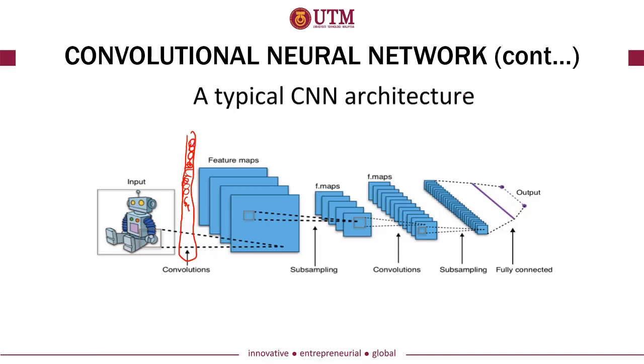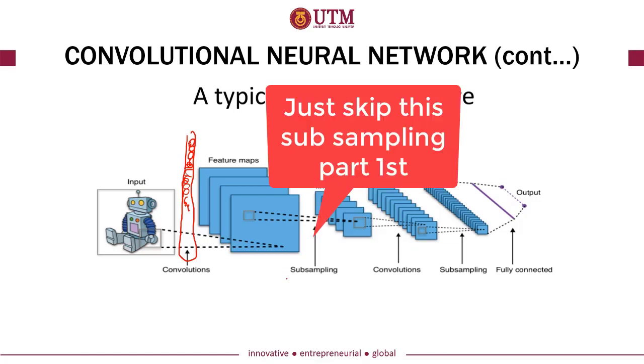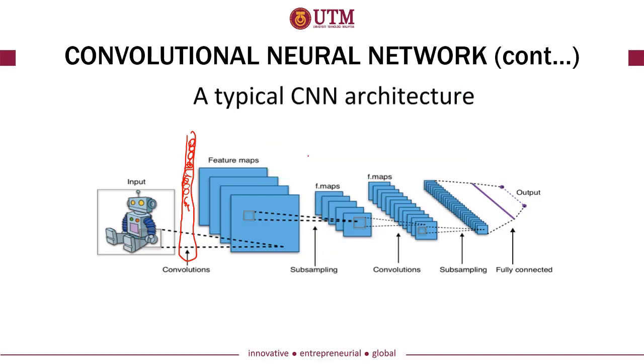And then again, for example this one, let's skip the subsampling. The subsampling still doesn't have any neurons there. Normally it happens at the convolution. So at the convolution side, actually there's a hidden layer here.